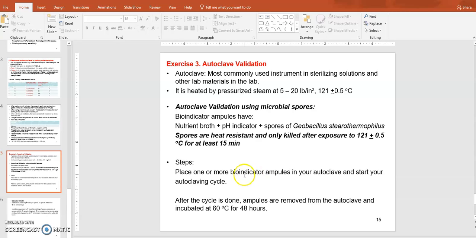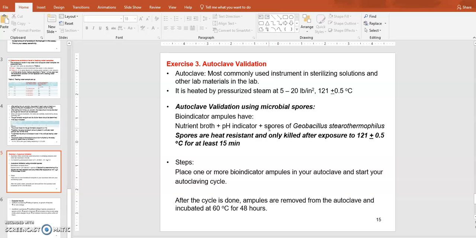If you place those bioindicator ampules that have these thermophiles, Geobacillus stearothermophilus is the name, they can withstand the high heat, but they cannot withstand the validated autoclave cycle. But if the cycle is not maintained for the right amount of time, if the temperature is not correct, these spores can survive through your autoclaving cycle.